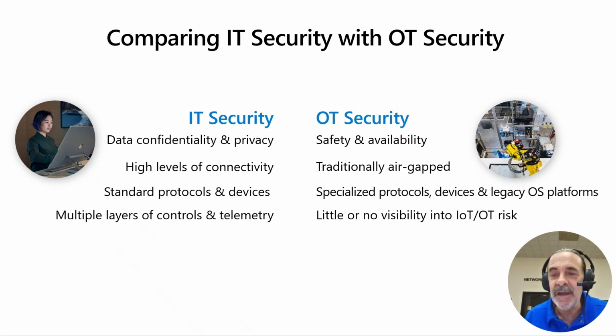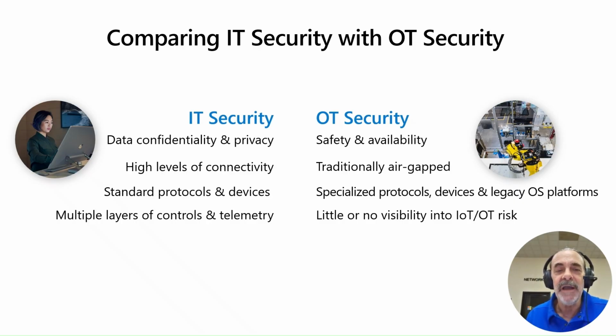In the enterprise IT world, machines are generally designed to talk to the internet and other machines across a wide area network, whereas OT networks are traditionally air gapped, and if not air gapped, they're deeply firewalled, and by design, there's no mixture of industrial and non-industrial resources.